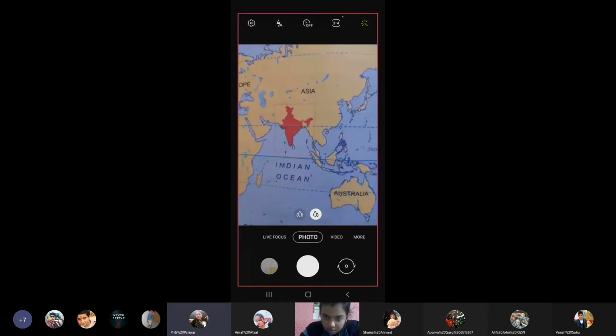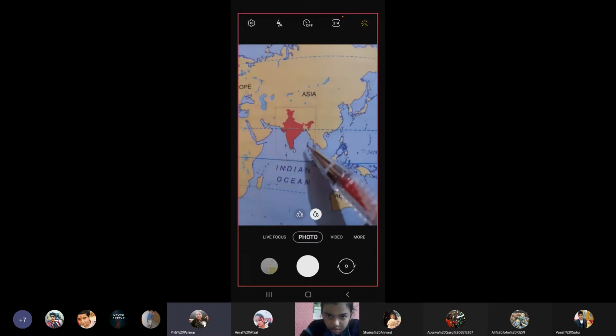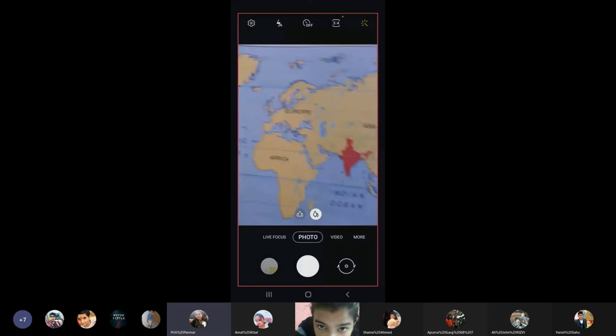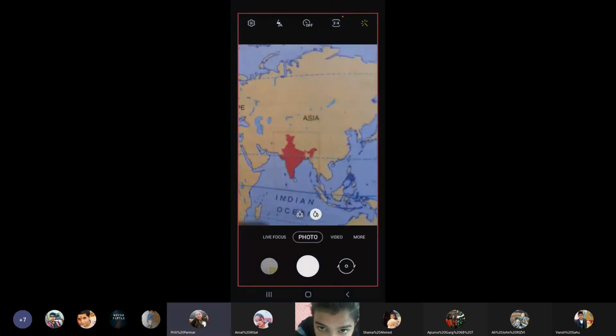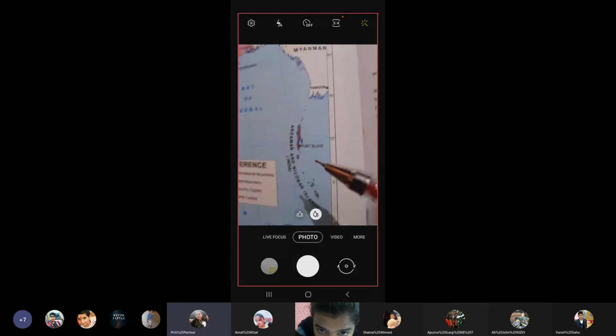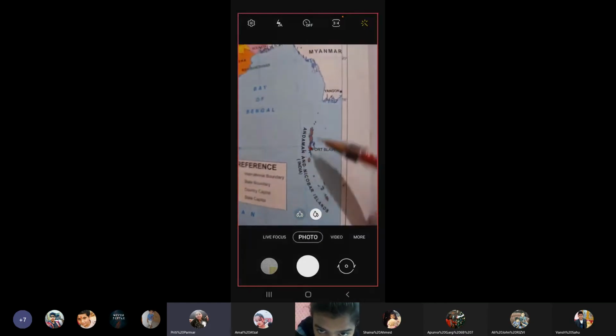Now, if you see these islands here, can you see? It's turning a little hazy at times. So these are the islands. They should have been more visible. Just let me tell you through another map. Wait a second. Now these are the Andaman and Nicobar Islands here.